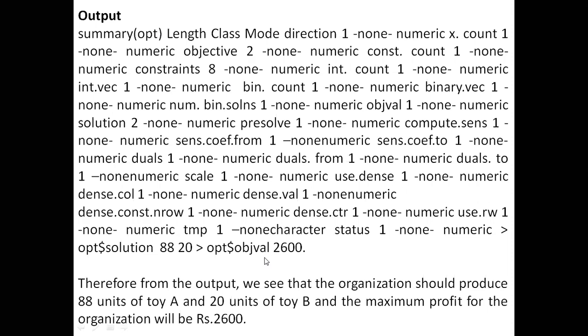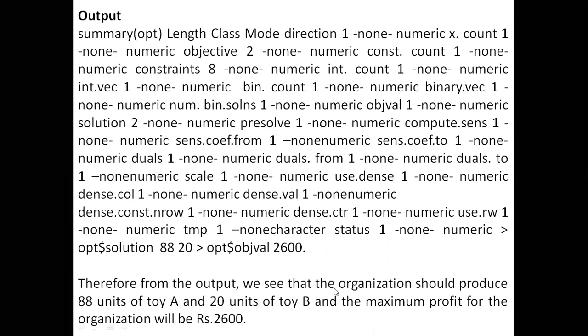So this is the condition for the maximization value. And next, to get that condition we need to generate the solution. Among the generated solution, here is the x value and here is the y value. Therefore, in the case of the output, after solving from the programming structure, we will obtain this summary, and among them we have to identify only toy A and toy B type and the maximum profit.